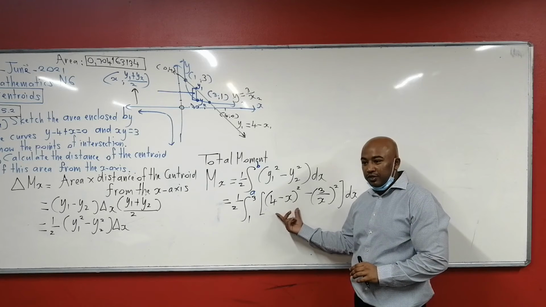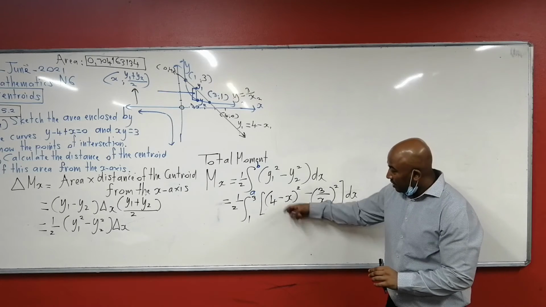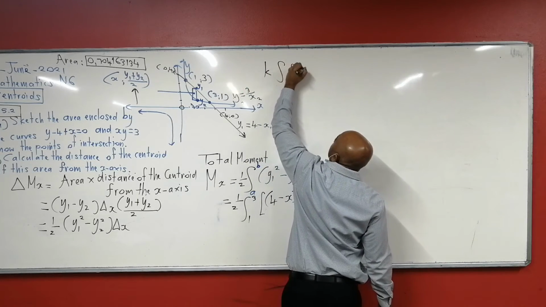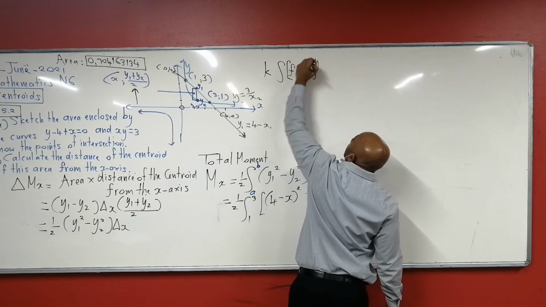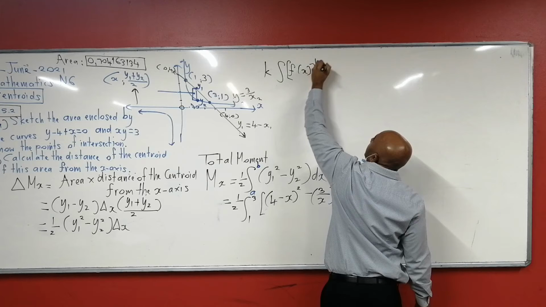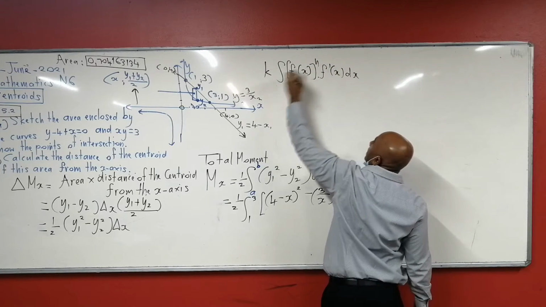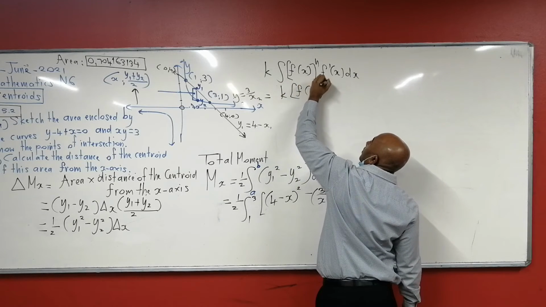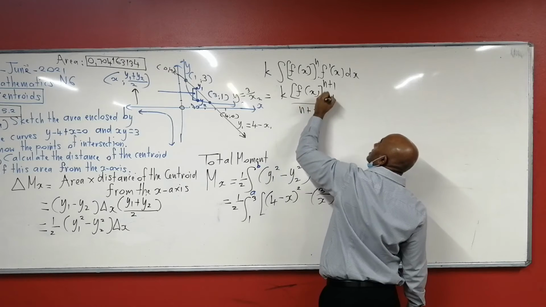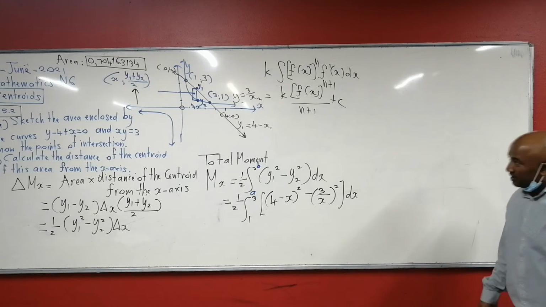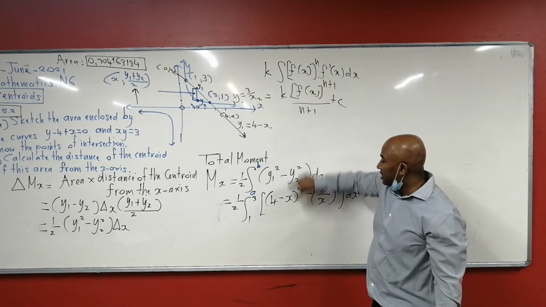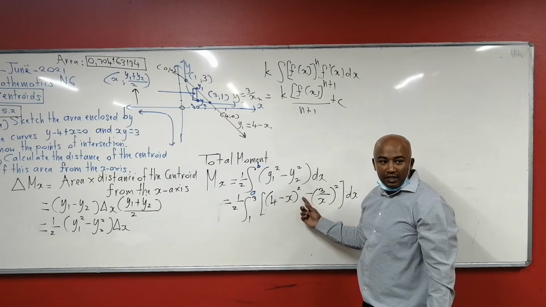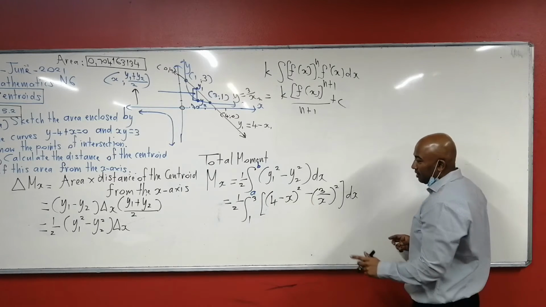Or you can use U substitution, because this here is the type f of x to the power n multiplied by f prime x dx, which is equal to k f of x to the power n plus 1 over n plus 1 plus c. So this satisfies this condition here. Almost, the derivative of minus x is going to be minus 1.